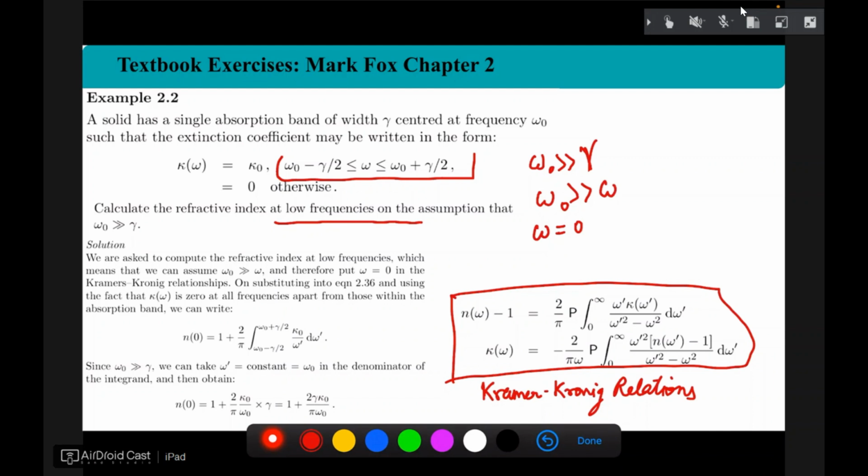So n of omega minus 1 equals 2 by pi times the integral from 0 to infinity of omega prime kappa of omega prime upon omega prime squared minus omega squared, d omega prime. If we substitute this, and use the fact that kappa of omega is 0 at all frequencies apart from those within the absorption band, we can write n naught. So we substitute omega equal to 0. What will this equation become? n naught is equal to 1 plus 2 by pi, with the limits provided.